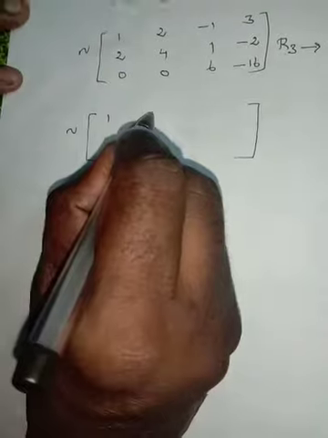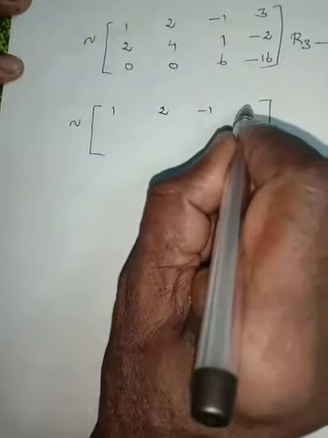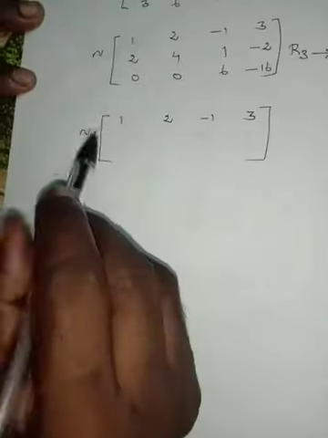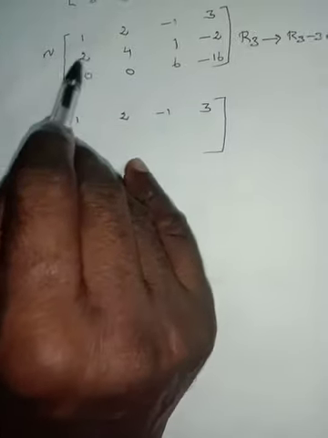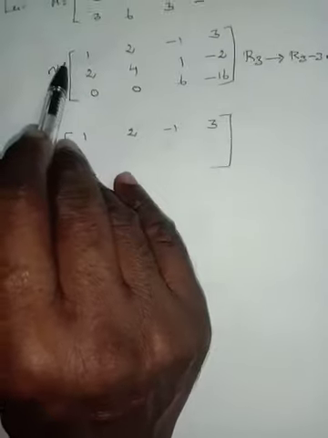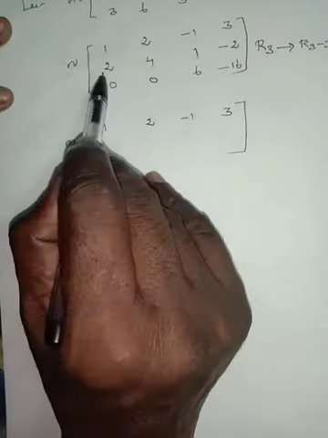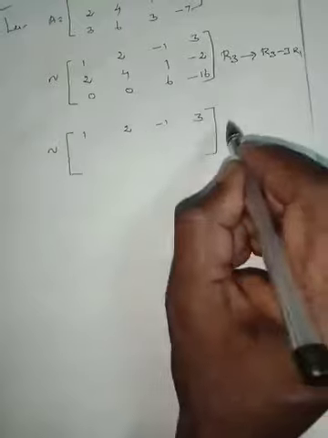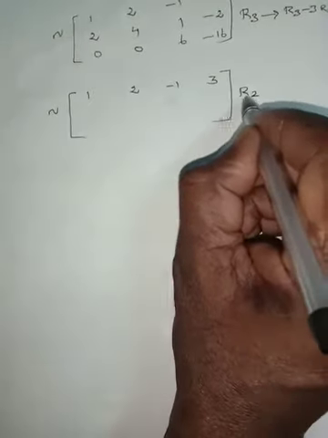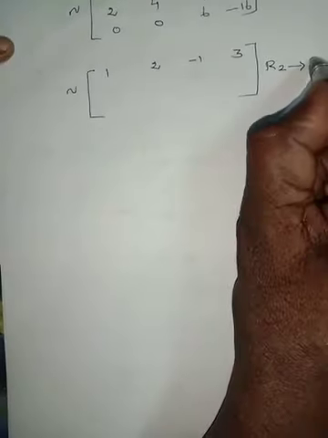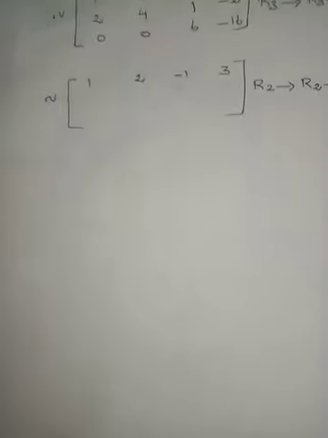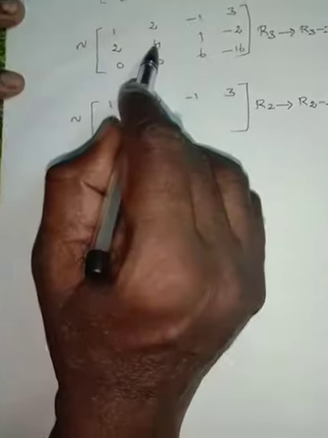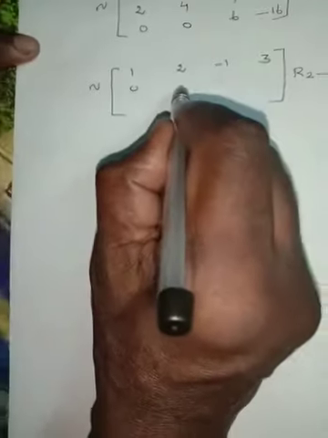First row: 1, 2, minus 1, 3. Now, second row: 2 into 0. How to make 2 into 0? Multiply the first row by 2 and subtract from the second row to get 0. So, new R2 implies old R2 minus 2R1. 2 minus 2 is 0. Here 4 minus 4 is 0.